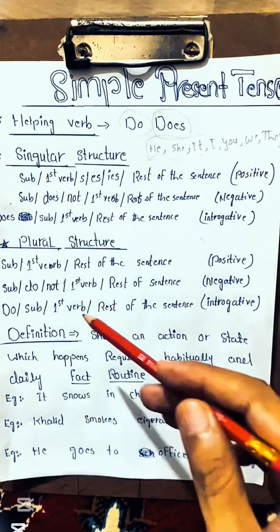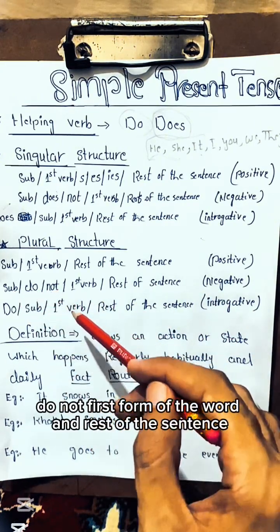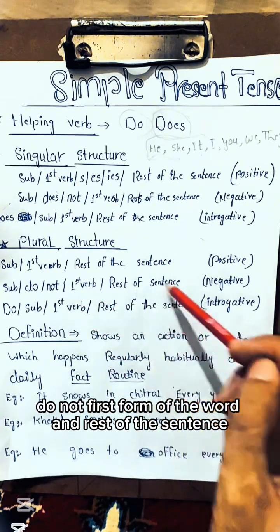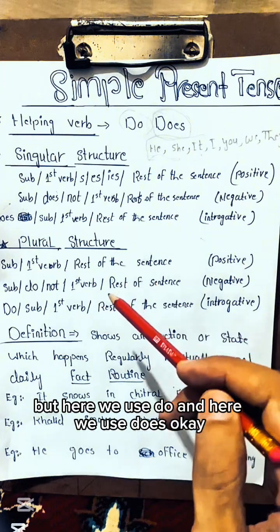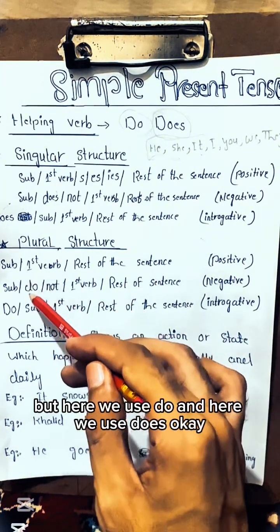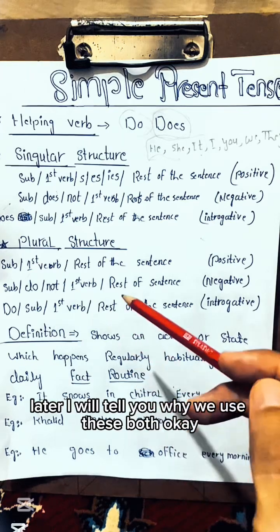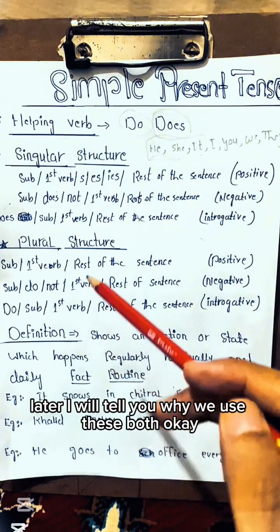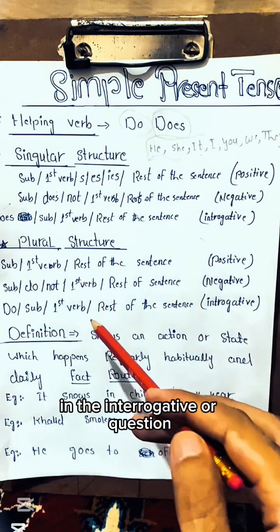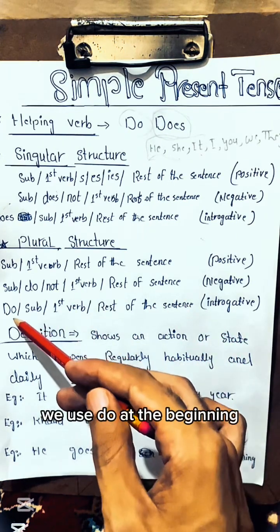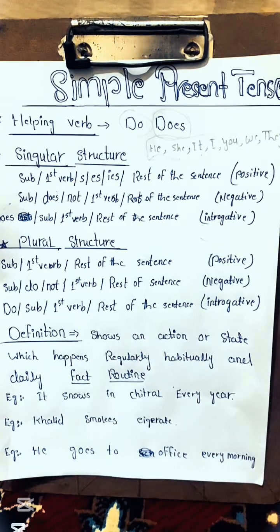In the negative we use subject, do, not, first form of the verb and rest of the sentence. It is the same as this, but here we use do and there we use does. Later I will tell you why we use both. In the interrogative or question we use do at the beginning, then subject, first form of the verb and rest of the sentence.